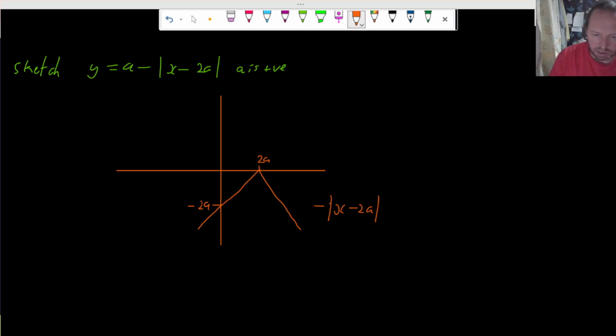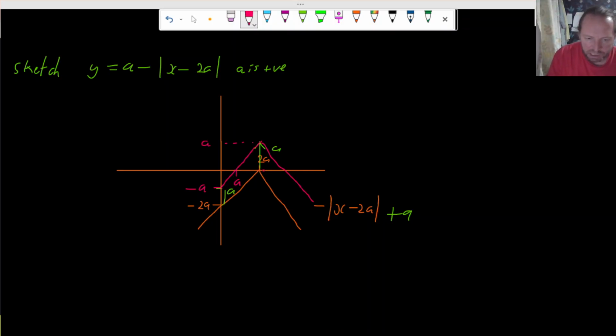But instead of thinking of it as a minus that, think of it as that, but then doing a plus a onto it, which means everything moves up by an a, which means we would be coming in here on minus a, coming across here and catching a. You would get up to the top there. If you wanted to, you could say that that is a, coming down here like that.